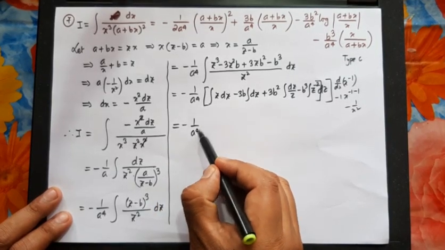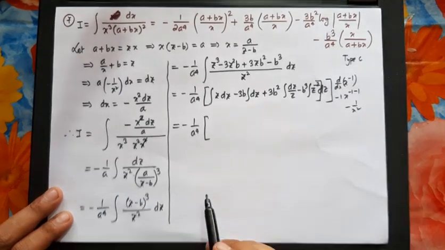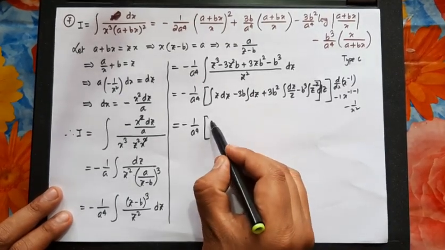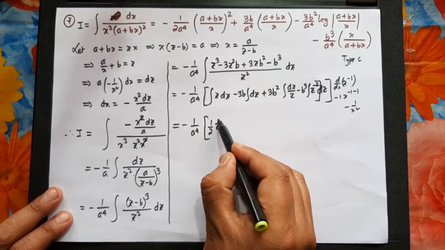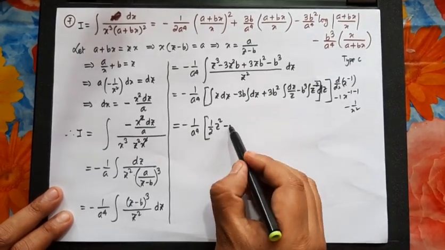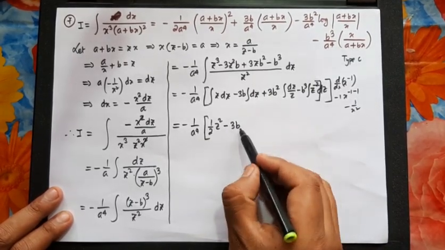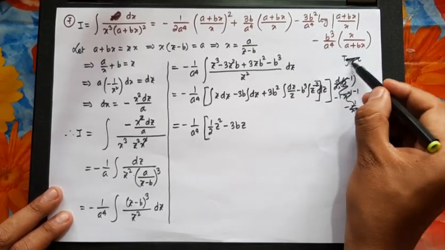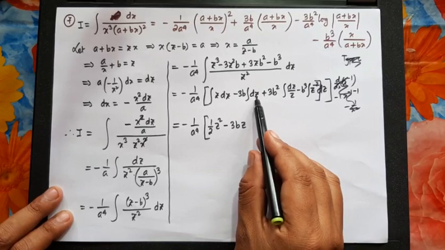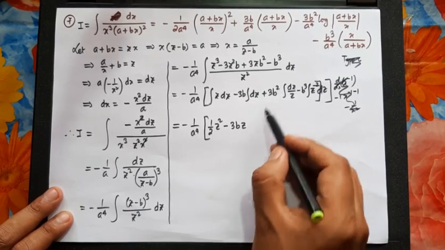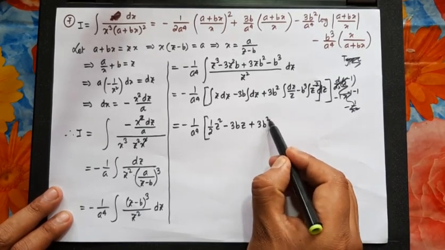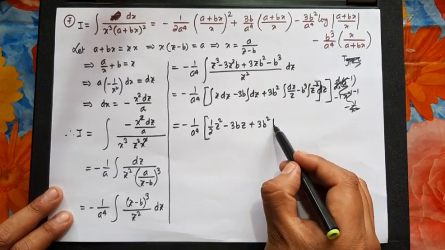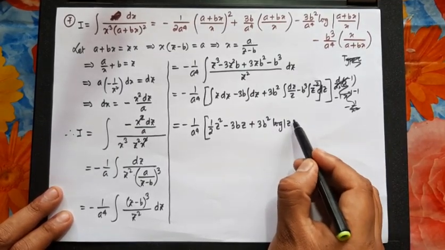Okay, now let us apply the integral formula. So 1 by a to the power 4, integral of z dz is z square by 2, that is half of z square, right? Minus 3b, integral of dz is z, so you just omit this part, don't get confused. Plus 3b square, now this becomes log of z.